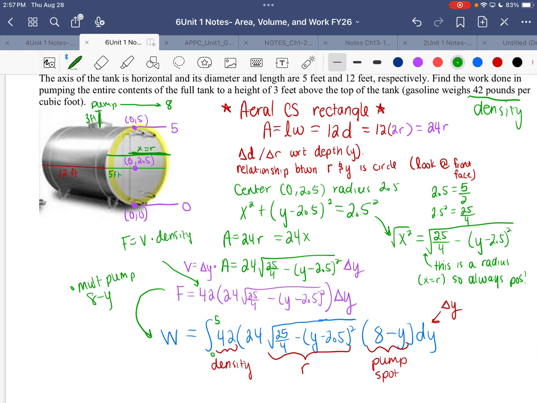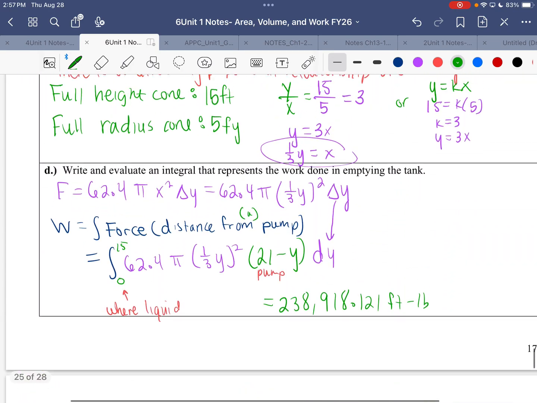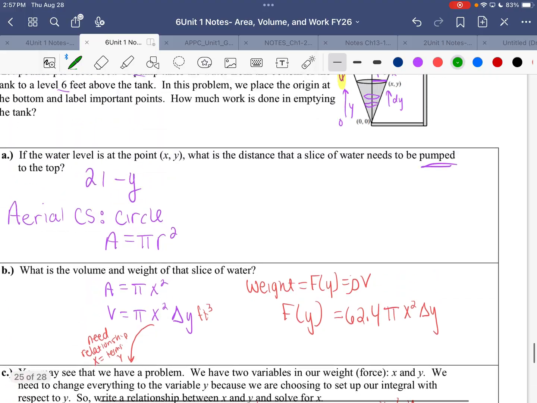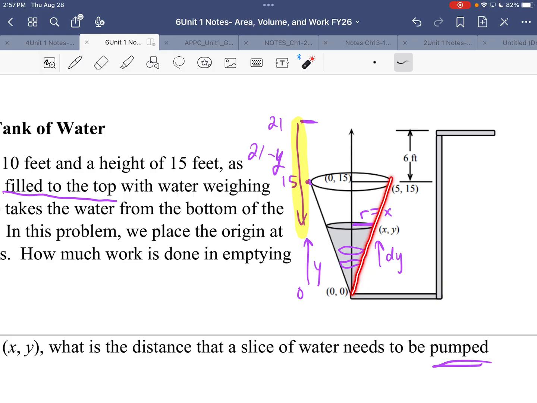And then we also have to have the boundaries correct for our liquid. So this is different than what we did last class. I know someone was absent last class, so I just want to remind us. Last class, how was the radius changing with respect to y? On a line.